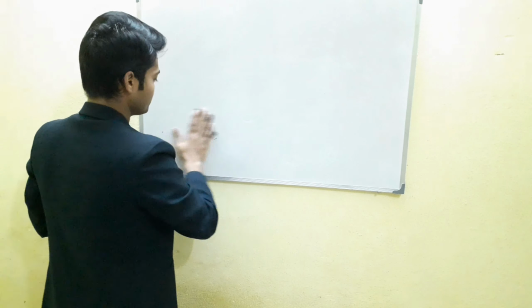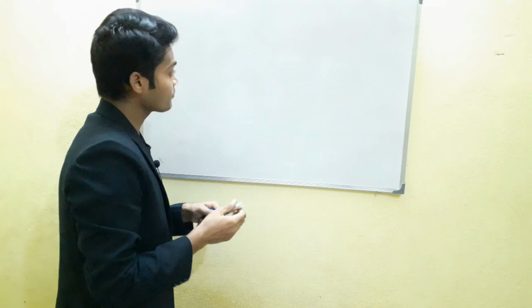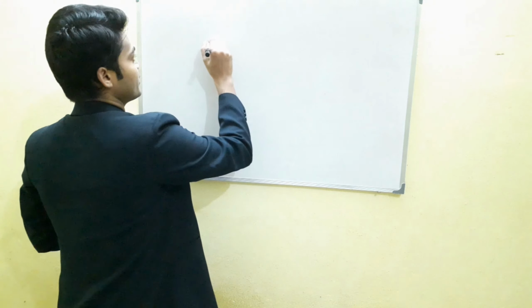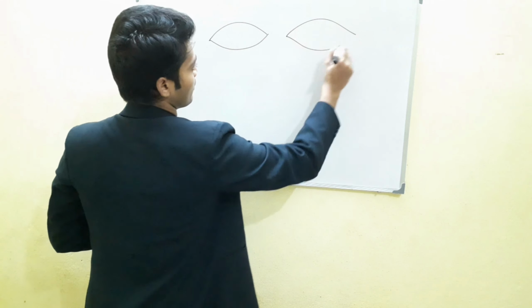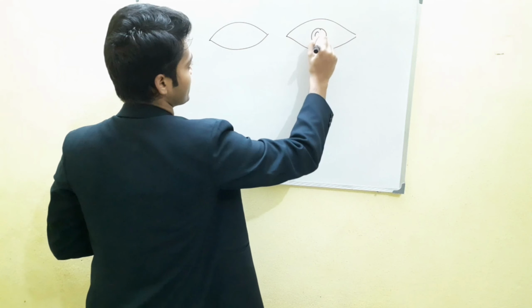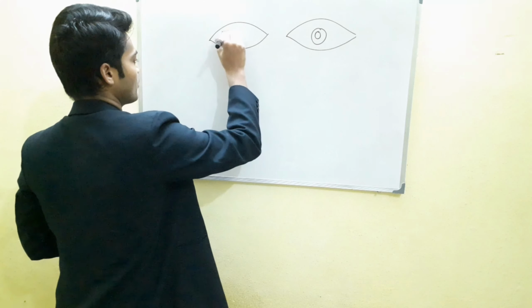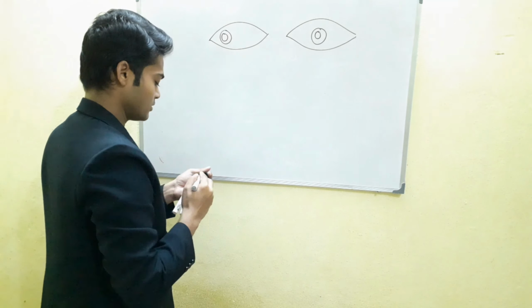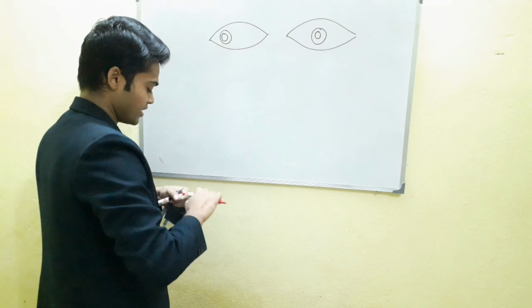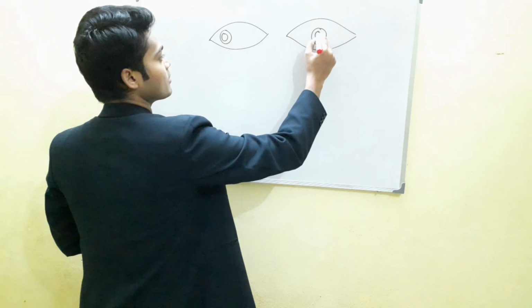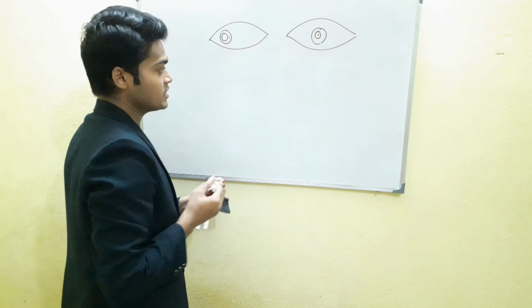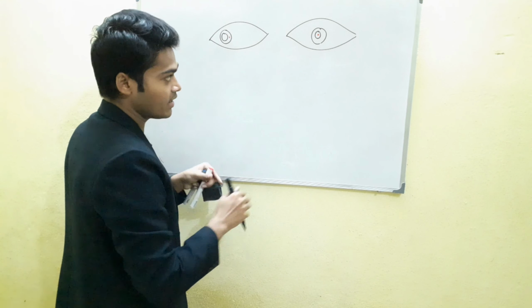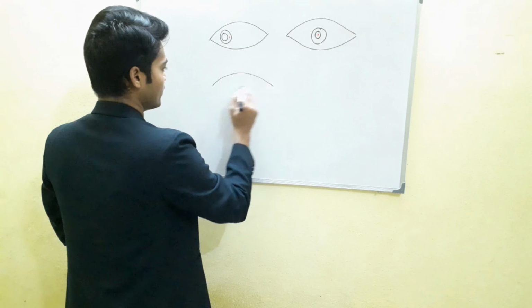Suppose this is the eye, right, and the eye is fixating. If this eye tries to fixate here, and we simply occlude the fixating or normal eye, what will happen?